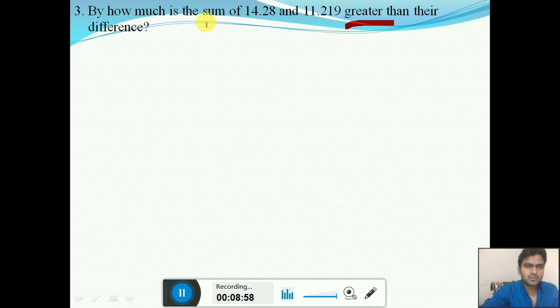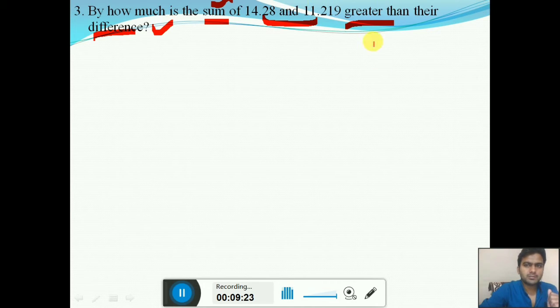So first we will find the sum of these two numbers and the difference of these two numbers. After addition we will get one value and after subtraction we will also get one value, then we will find the difference between those two values.